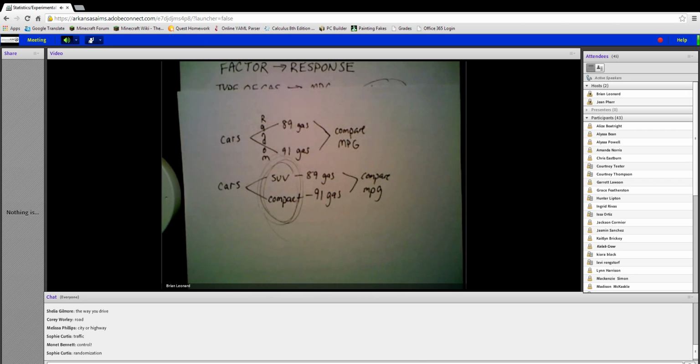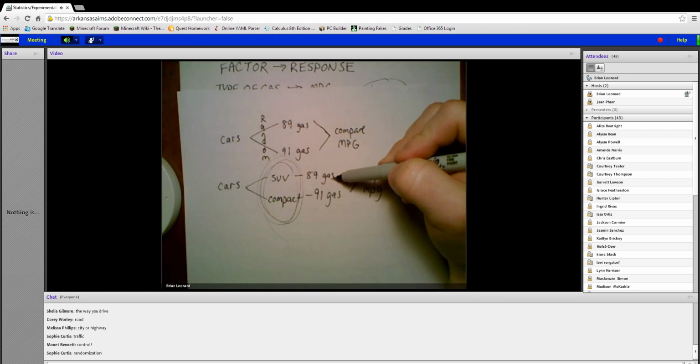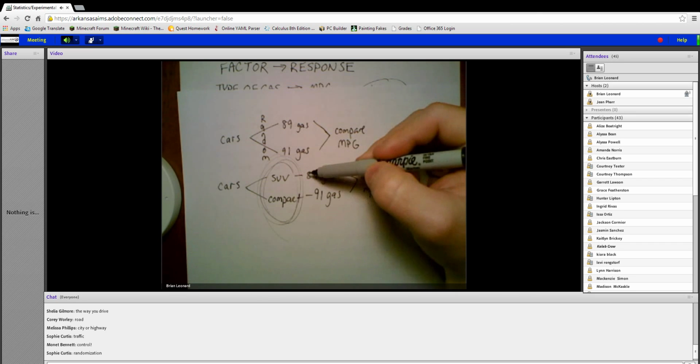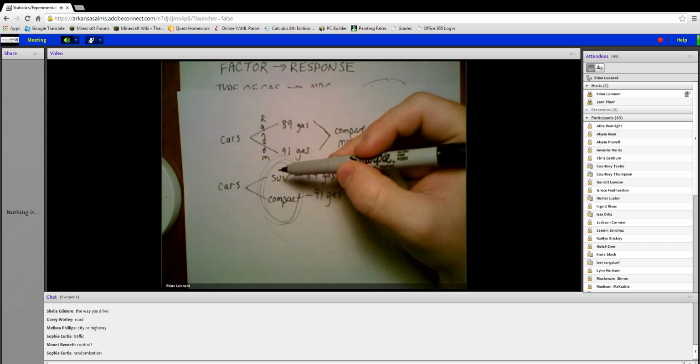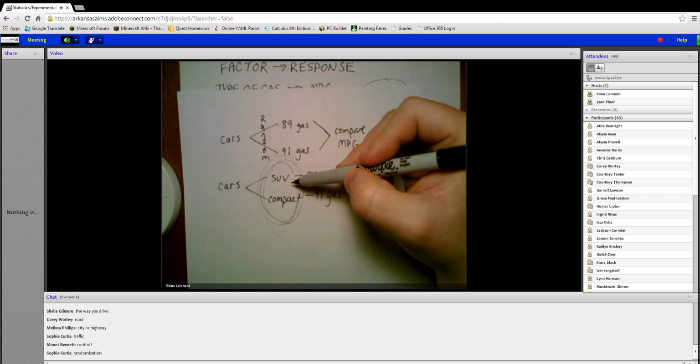And the issue is, am I really going to be able to tell that the gas is what's getting less miles, or is it the fact that these were all SUVs?